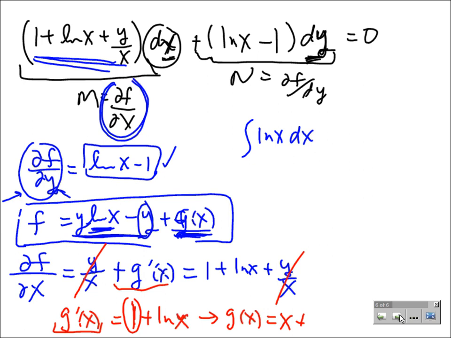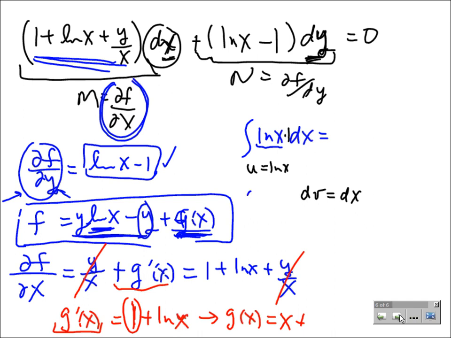Well, this we're going to do by parts. I know how to take the derivative of that, but not the integral. Remember, if you need another factor, you can always say I'm multiplying by 1. So I'm going to let u equal ln of x, and dv is what's left over: 1 dx, or if you prefer, just dx.